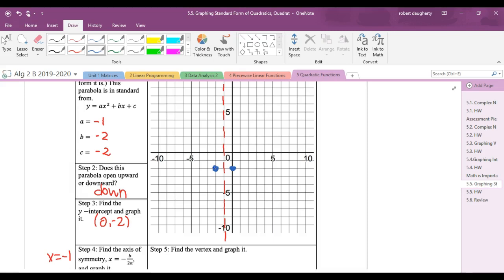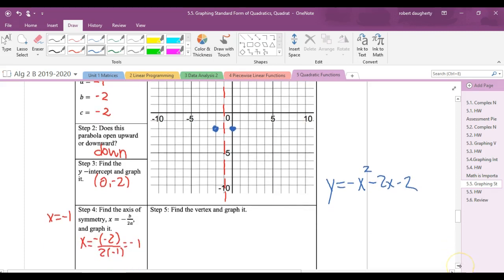Plug in x equals -1, which is the x-coordinate of the axis of symmetry. So let me rewrite this. Let's plug in -1, so x equals -1, that's my axis of symmetry. Plug it into that equation.